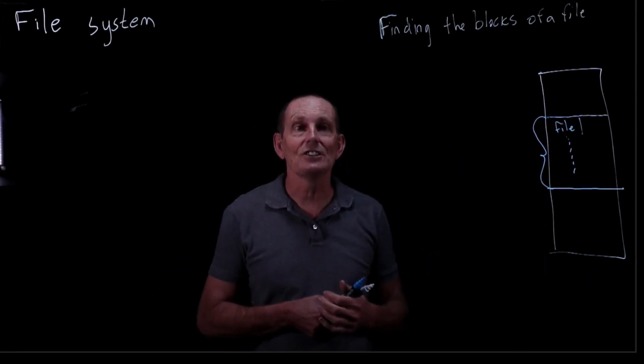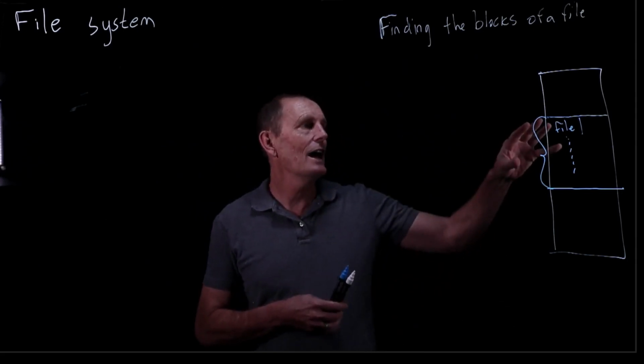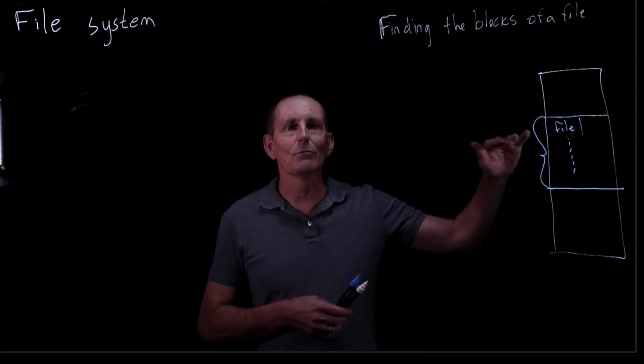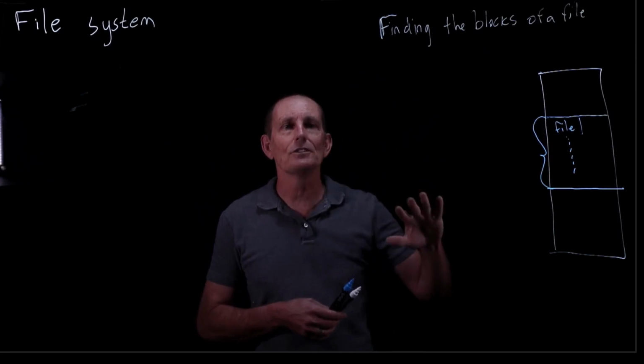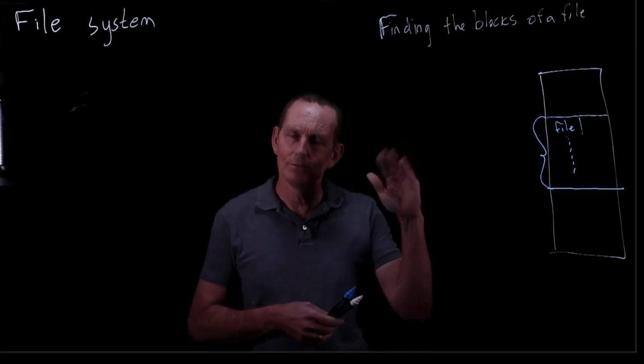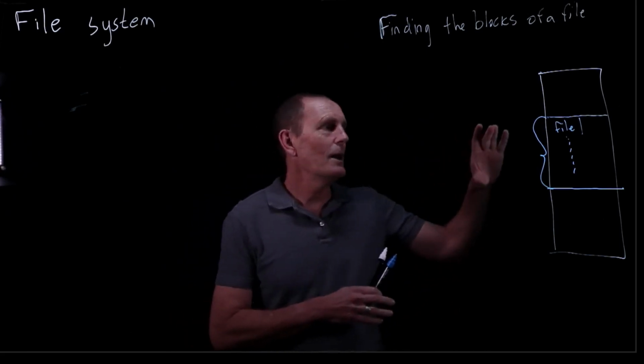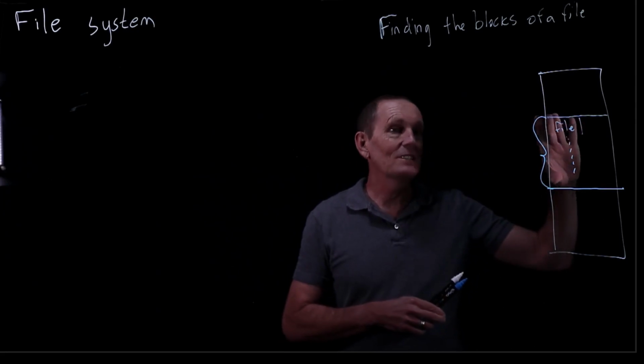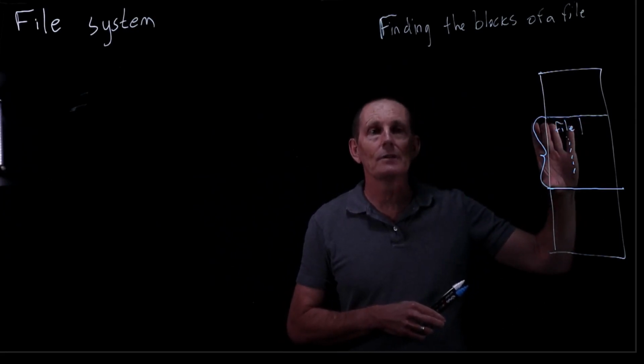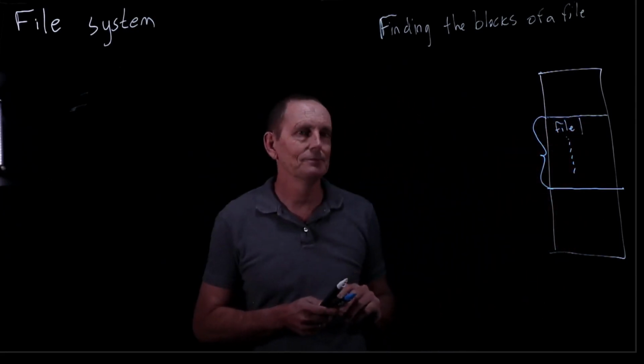The advantage of that is it's extremely fast, because as you are reading successive blocks of the file, you can do that at full speed without having to do any seeking on the disk. We'll talk about that in a future lecture. The disadvantage is we have to know the size, or at least the maximum size, of the file when we first create it. And that's normally not the case.